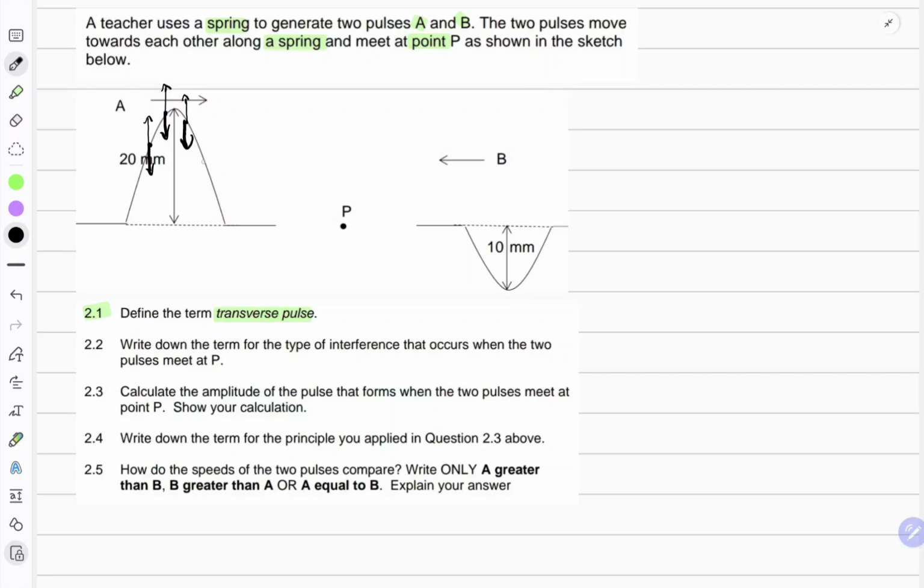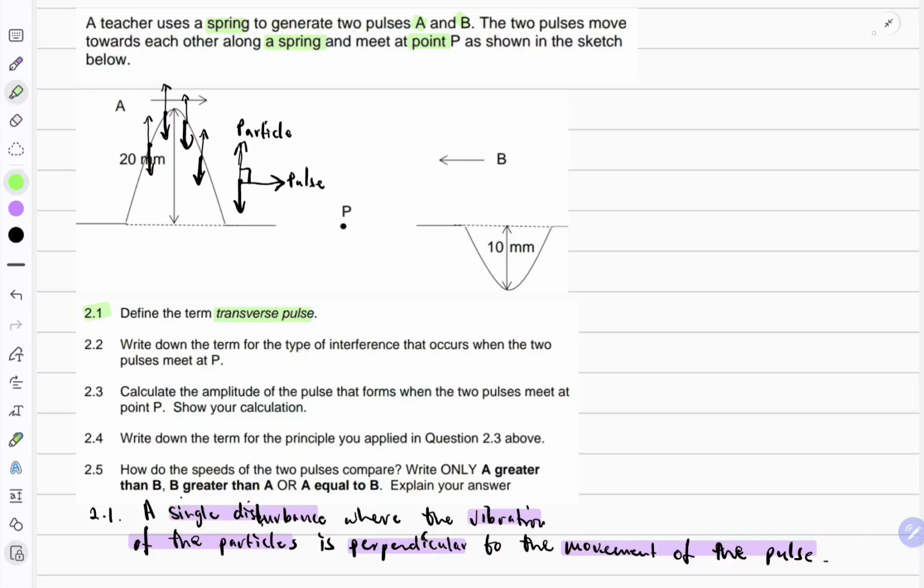And the direction of the movement of the particles is at a right angle to the movement of the pulse itself. So when the direction of the movement of the particles is at a right angle to the direction of the pulse, then we say the pulse is a transverse pulse.